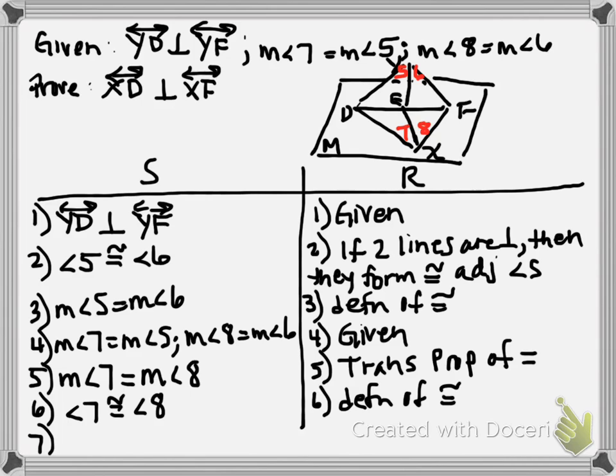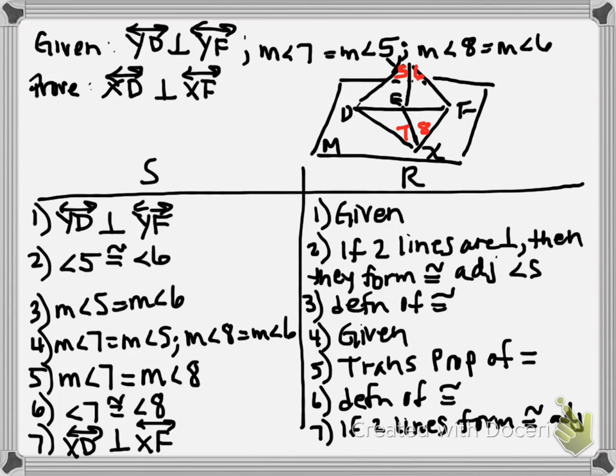And then we can get that line XD is perpendicular to line XF if two lines form congruent adjacent angles, then the lines are perpendicular. All right? All right, good luck with that.